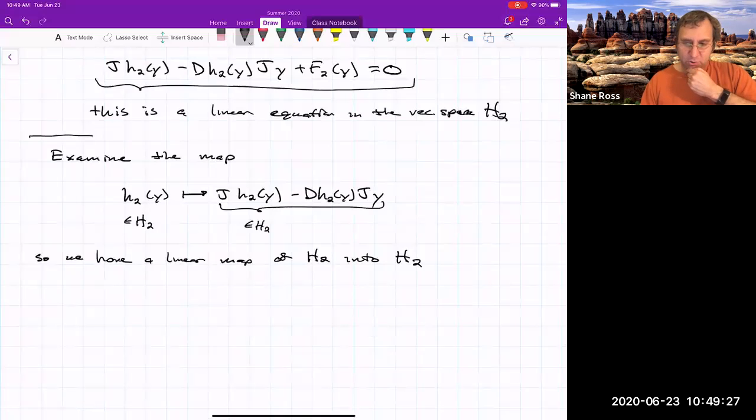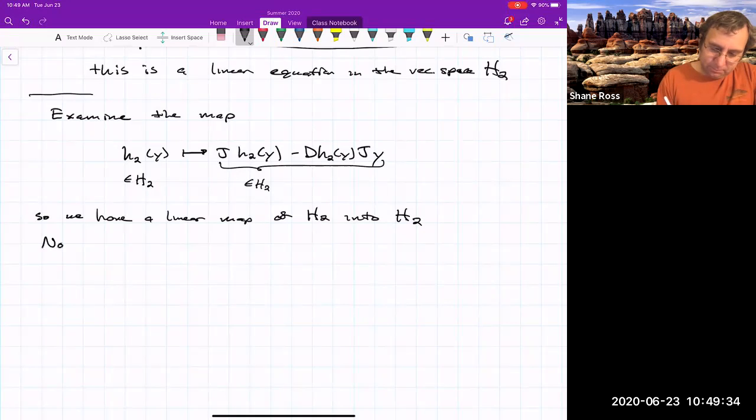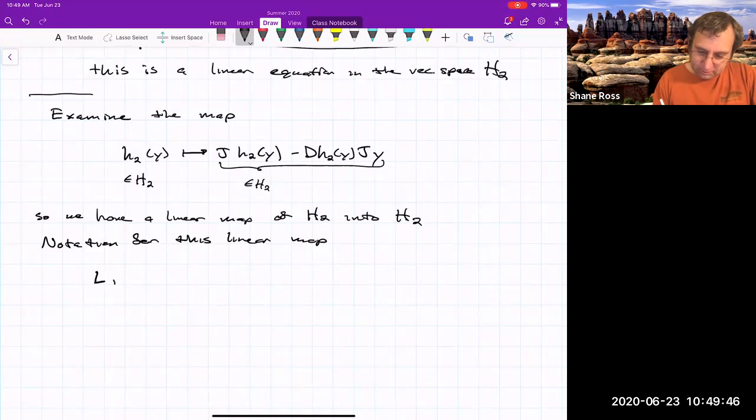We're going to introduce some notation for this map, following Wiggins. We'll write it, to remind ourselves it's linear, L sub J, and we're looking at second order: J H2Y minus DH2Y JY.